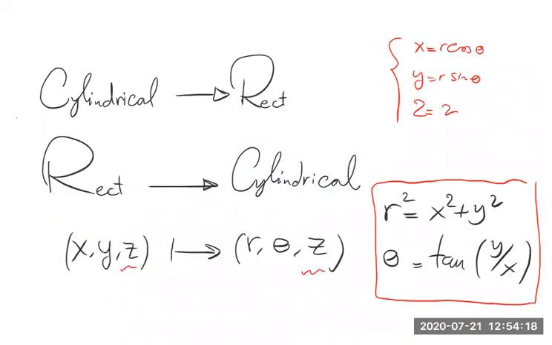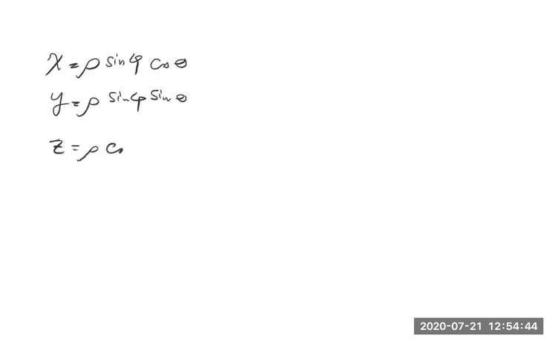Now we can go the other way, from the spherical coordinate system to the rectangular coordinate system. So let me write down the equations for the other way again. x would be rho sine of phi cosine theta. y would be rho sine of phi sine of theta. And z would be rho cosine of phi.